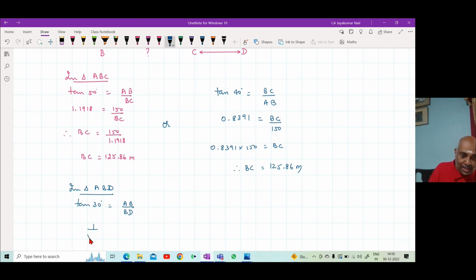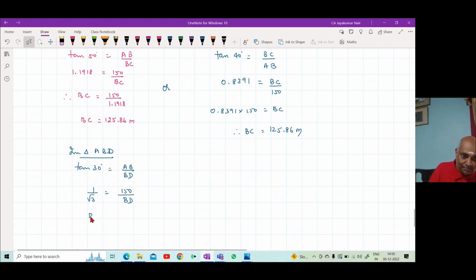And tan 30 is 1 over root 3. AB is 150, BD we don't know. So to find BD, it's 150 into root 3, which is 150 into 1.732. 150 into 1.732 will give you 259.8 meters.